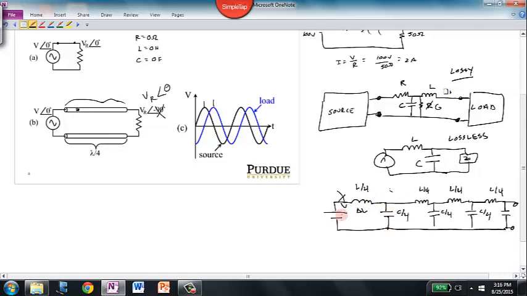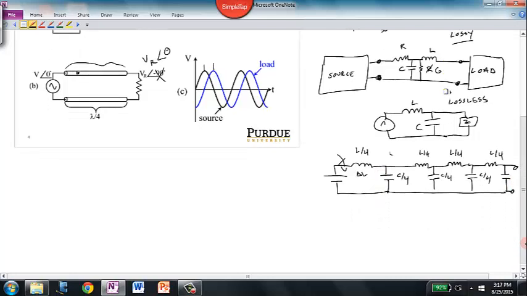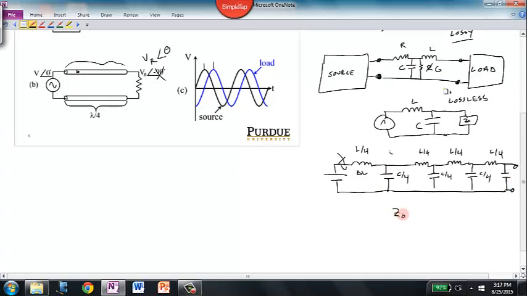This impedance that the battery is seeing, it's called the characteristic impedance of the transmission line, and it's given the symbol Z0. And again, we call that the characteristic impedance.